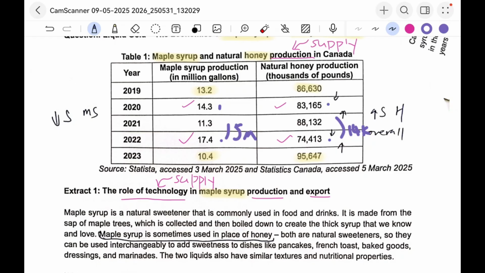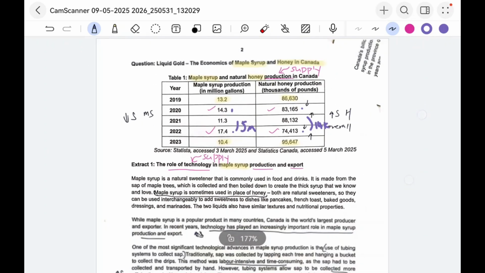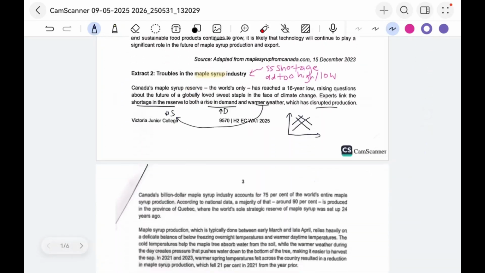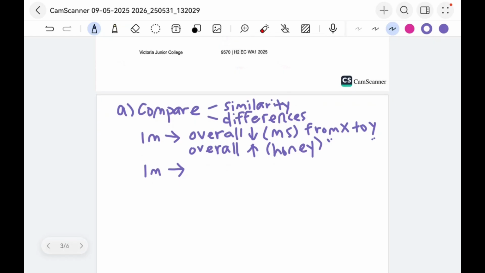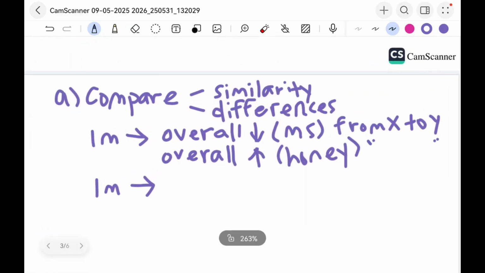So you can say that these two experience fluctuation in these 2 years, but the fluctuation is in the opposite direction. So here you are looking at a point that is similar but yet different. So be specific. And this is good. The examiner will like specific comparison rather than just say, oh, both have fluctuation. But actually when you look deeper at the fluctuation, there are some differences also.